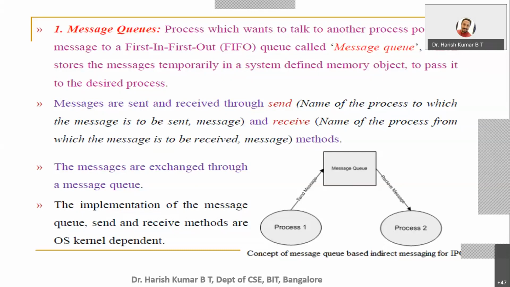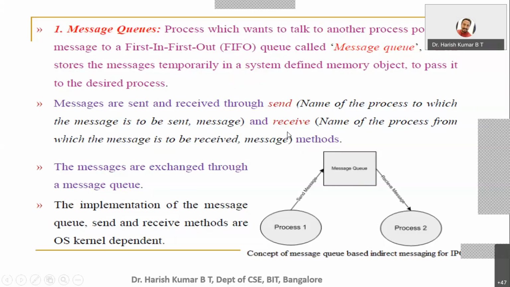Then you have to uniquely identify the process to which the message is to be sent, and that process on the destination machine you identify by using the process ID, or sometimes you also use something called port numbers. For now we'll assume it as process ID. I hope people understood. If you're sending to a process residing on the same system, then this should be only the process ID. If you're using send to send the message to a process running on a totally different system, then it should be a combination of both IP address and the port number.